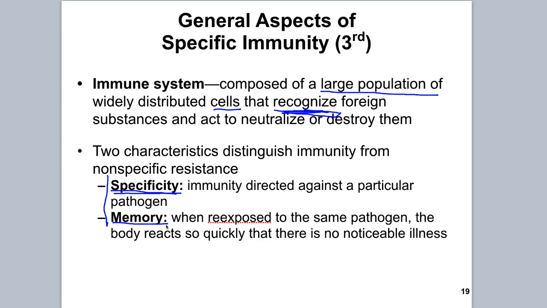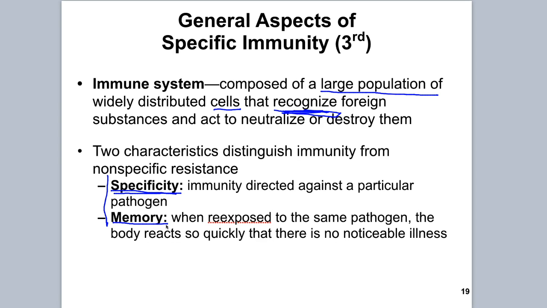Some of the cells are specific memory cells that live in our body for a very long time and, if we ever get the chicken pox again, they can initiate an immune response so fast that we don't even know that pathogen has invaded our body a second time. So we don't get any noticeable illness.